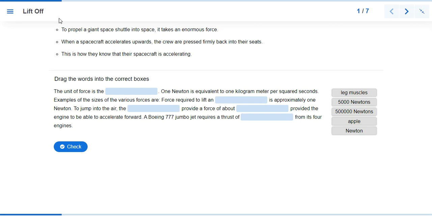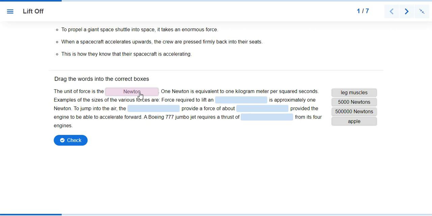So let's try these drag the words. The unit of force is the, let's say, newtons. So 1 Newton is equivalent to 1 kilogram meter per second square.